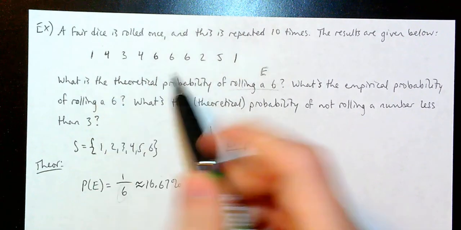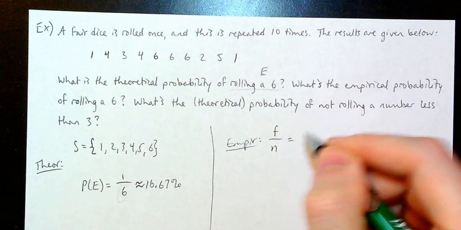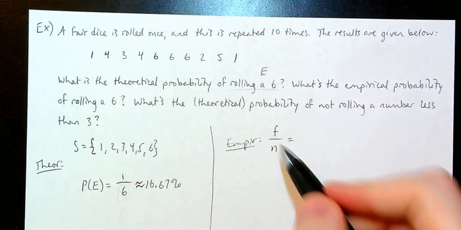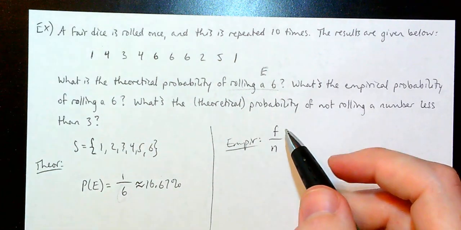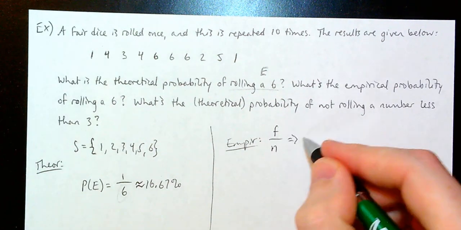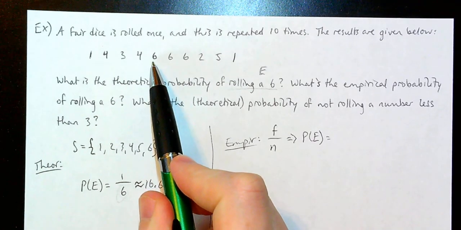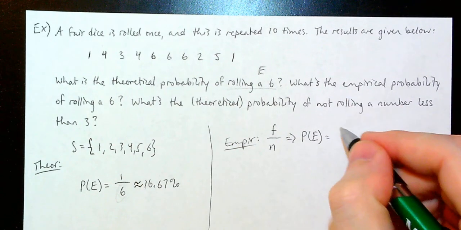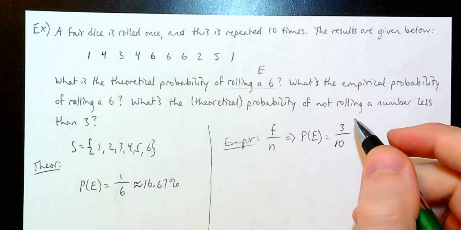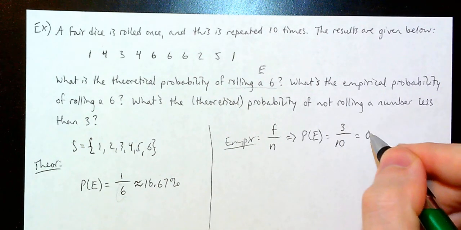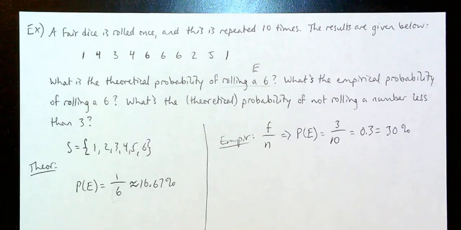We have 1, 2, 3, 4, 5, 6, 7, 8, 9, 10 trials. So N is our 10. F is the frequency, or the number of times that the particular event happened. Well, how many 6s do we have showing up here? 1, 2, 3. So it's 3 over 10, or as a decimal, 0.3, or 30%.